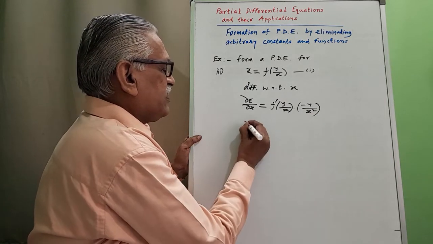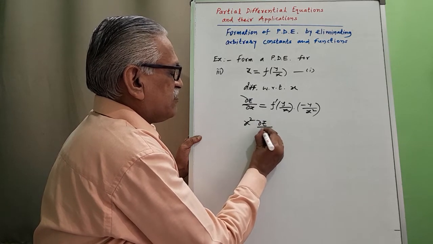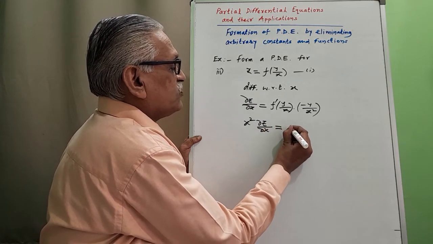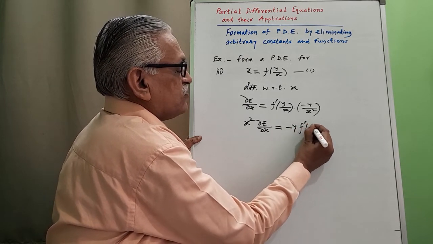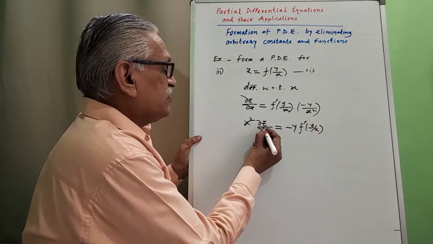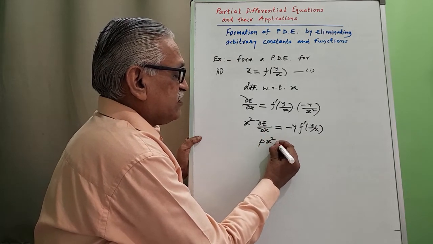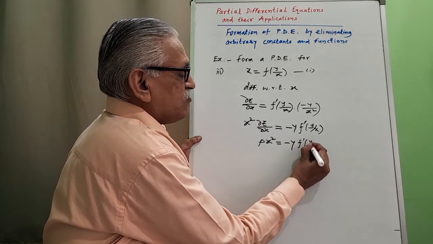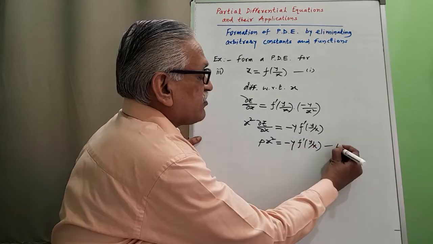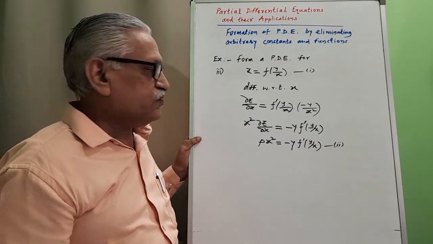Therefore it becomes minus y by x square. Multiplying by x square we get x square into ∂z/∂x is equals to minus y f dash of y by x. This ∂z/∂x is p, therefore it is p into x square is equals to minus y f dash of y by x. We call that as equation 2.